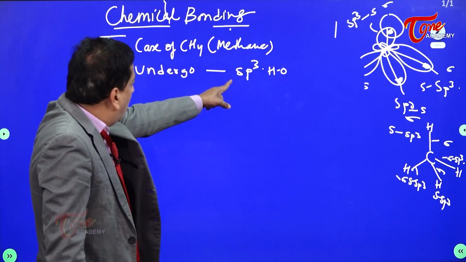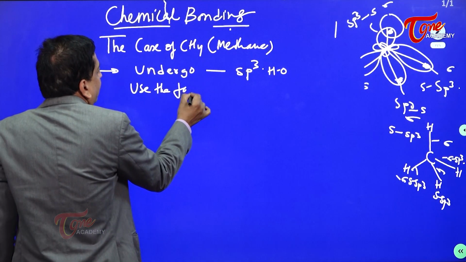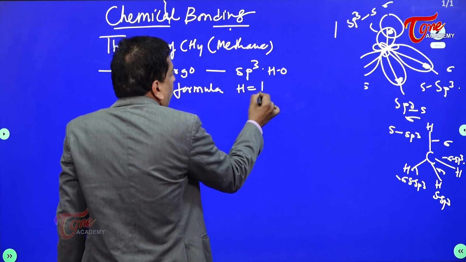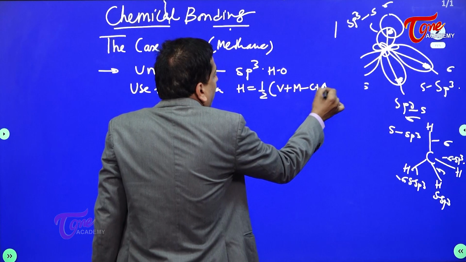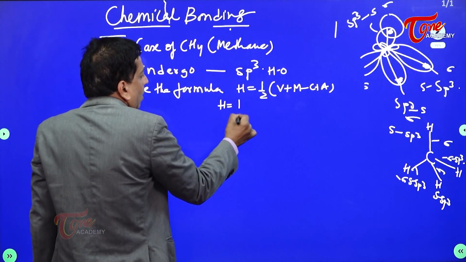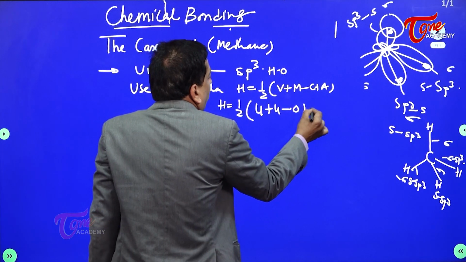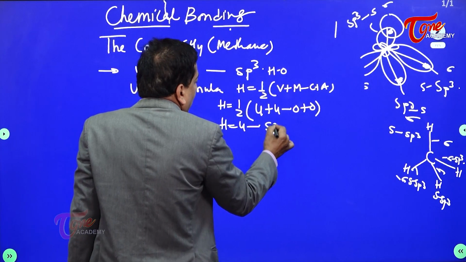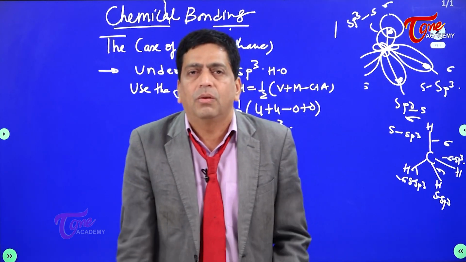If you want to know how, use the formula H is equal to half into V plus M minus C plus A, in which half into 4 plus 4 minus 0 plus 0. So ultimately you will get H is equal to 4, hence it is sp3. You have to fix that first, right?